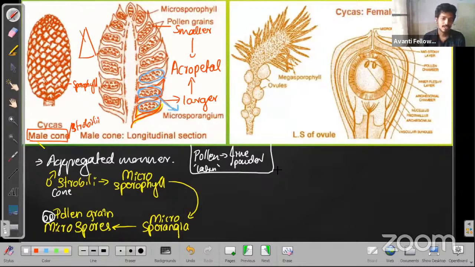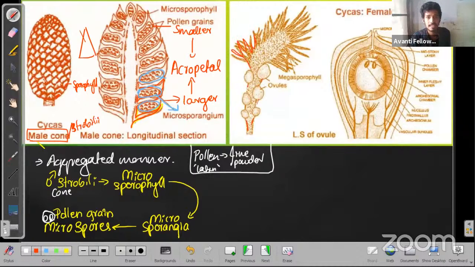So we will come back to the female. The female is a little bit different; the structures will be a little bit different. In hibiscus, the yellow part that attaches to your fingers is called pollen. Everybody saw that, right? Here, instead of arranging from the base, only the lower microsporophylls contain the sporangia.